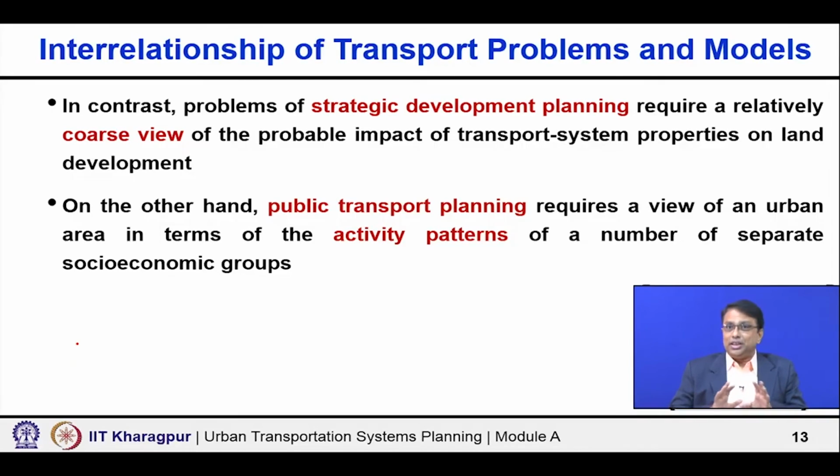There are very detailed land use transport models one can build, right. But I am saying it is strategic development planning, we are working at that level, not at a detailed level, right. So, at strategic development planning, we really require a relatively coarse view of the probable impact, because it is not intended at that stage to go much deeper.